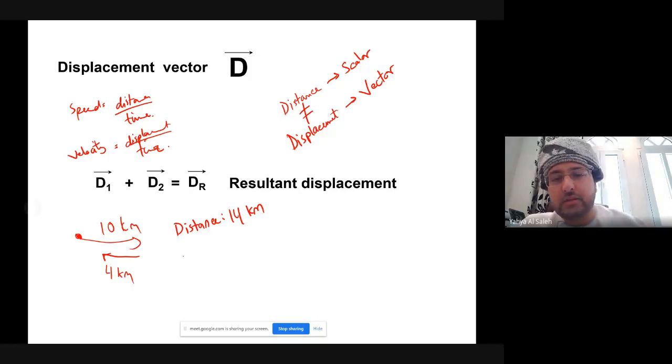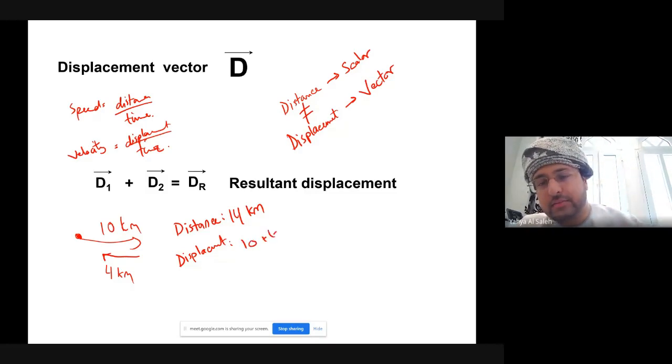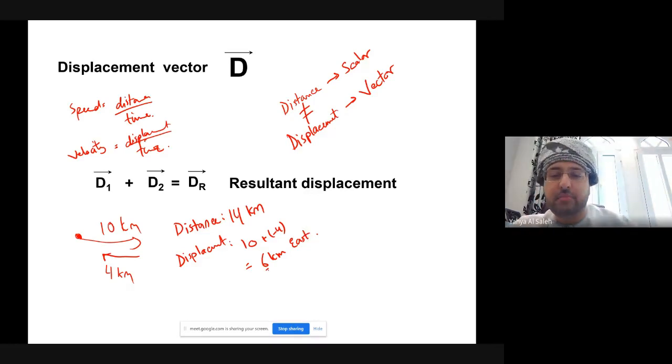On the other hand, if I ask what is my displacement, then it is only 10 plus minus 4, which is equal to 6 kilometers east. I need to have a number, I need to have a unit, I need to have a direction. I need to have 3 things.